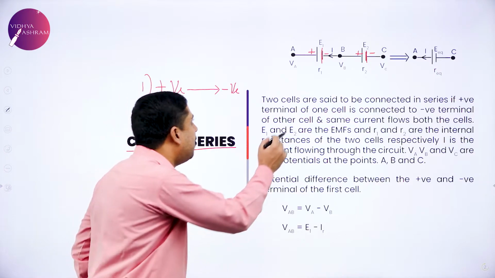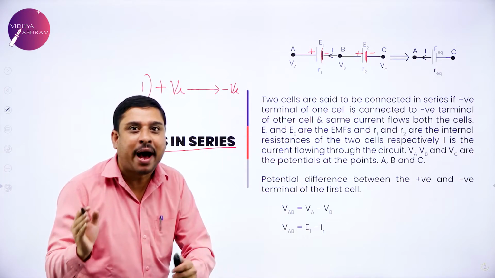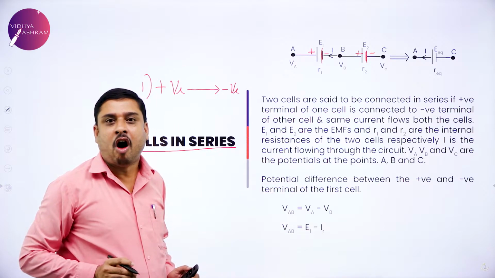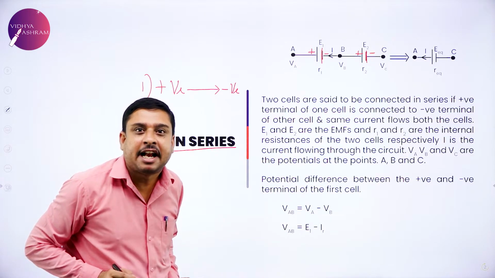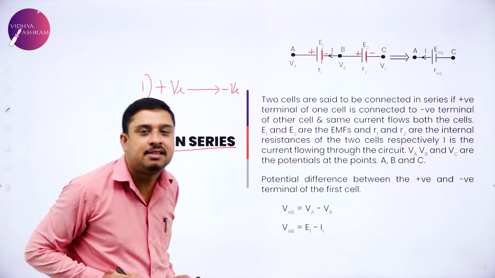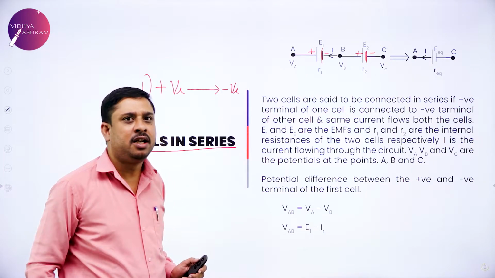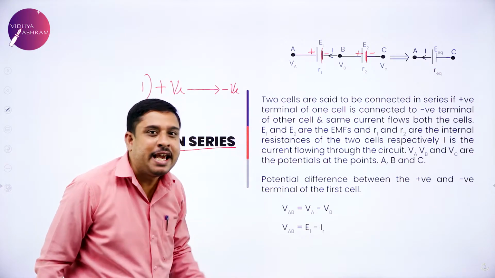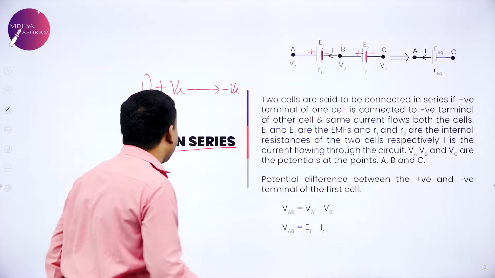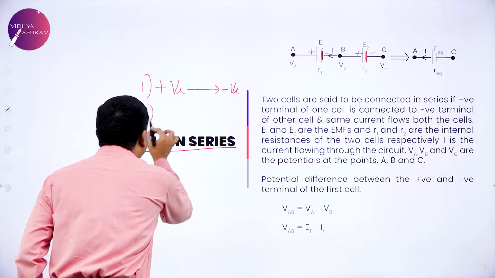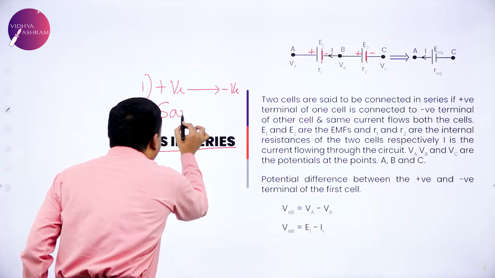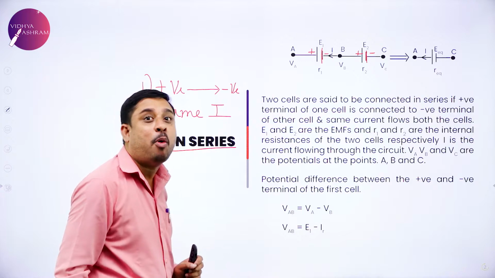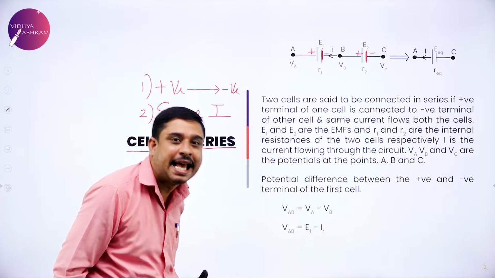And if you observe, I have not shown I1 as the current flowing through the first cell, or I2 as the current flowing through the second cell. I have simply told I is the current flowing through both the cells. Therefore, the second condition is that the same current has to flow through both the given cells.